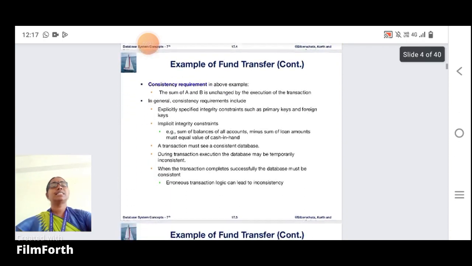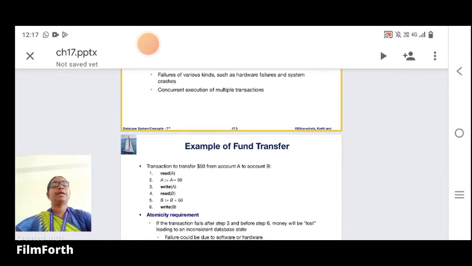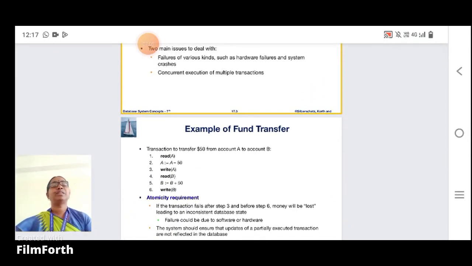Next is the consistency requirement. Take this example, the fund transfer from account A to account B. Suppose we are going to transfer 50 rupees from account A to account B. Let us say account A has an initial balance of 1000 rupees and account B has an initial amount of 2000 rupees.